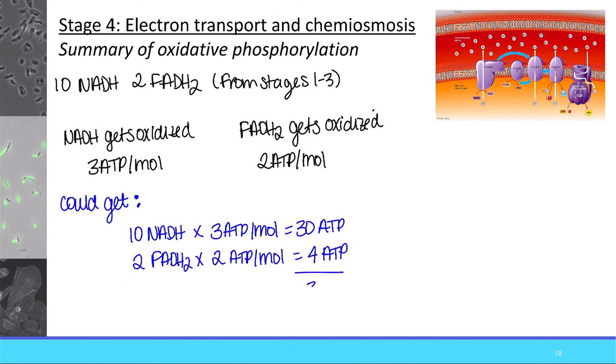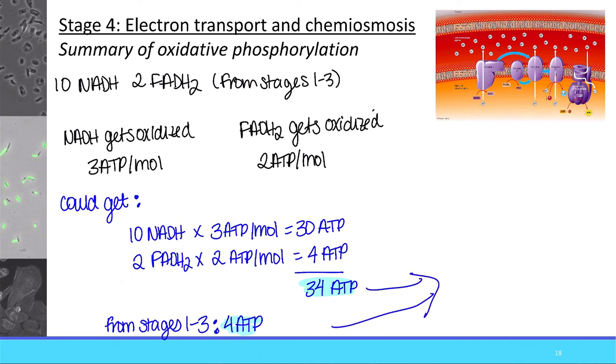So this is 34 ATP at the end of stage 4, but keep in mind that from stages 1 through 3 we also have 4 ATP. If we combine this 4 ATP and this 34 ATP, we could get a maximum of 38 ATP. Realistically, it's more like 36 to 38 ATP. And again, that 38 is the absolute max.